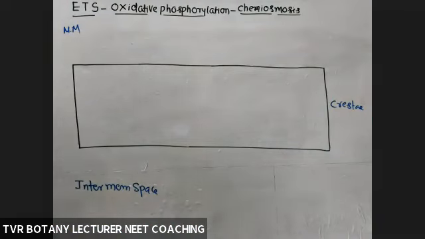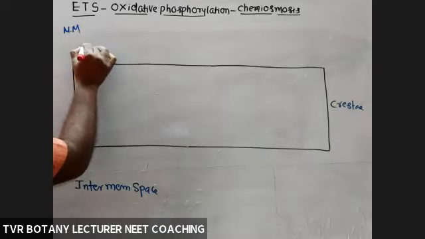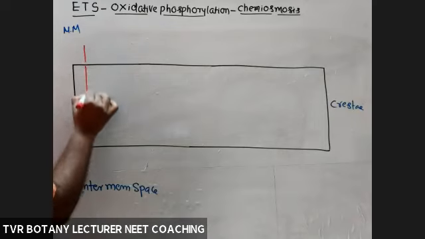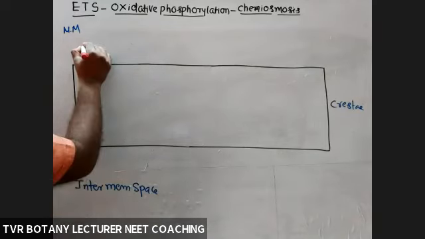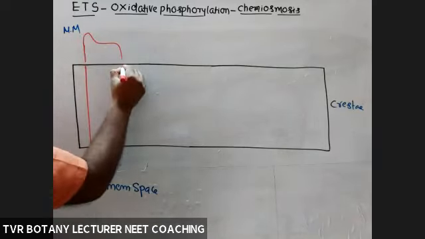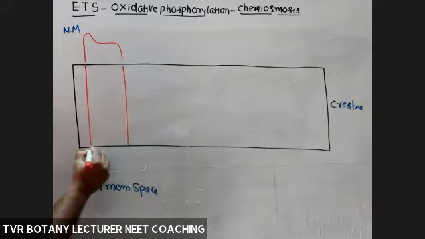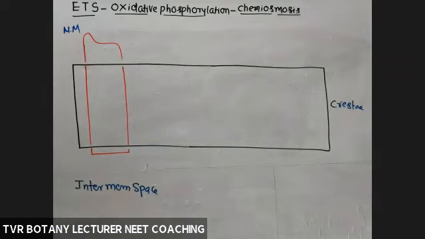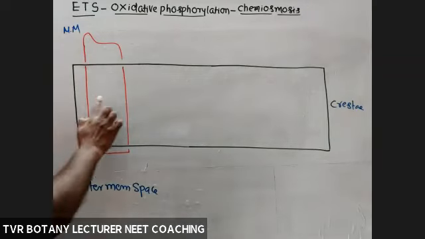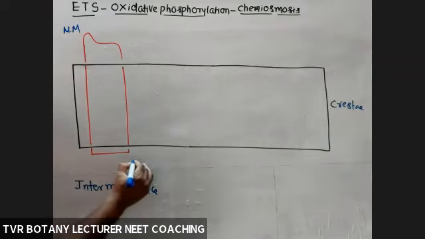Okay. So the first component is concerned with oxidation of NADH. So that is the gateway for oxidation of NADH. That is complex 1. Okay, so this is complex 1.